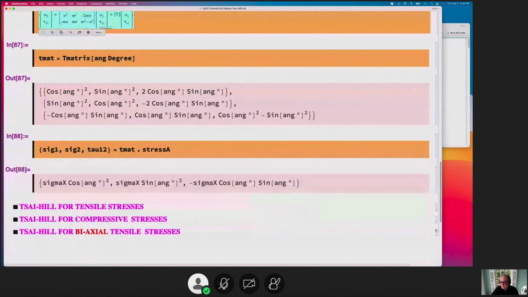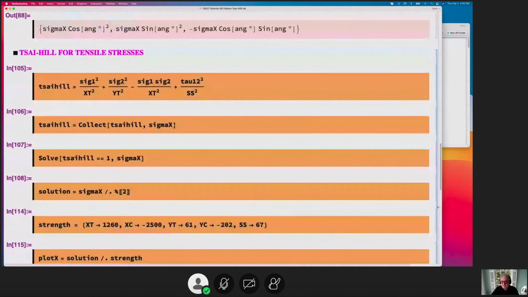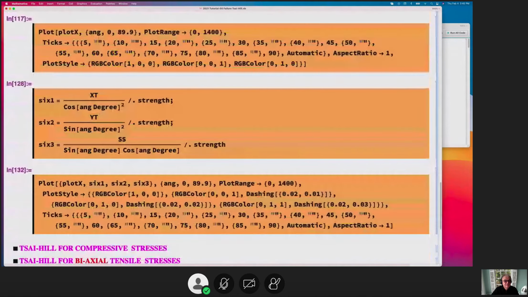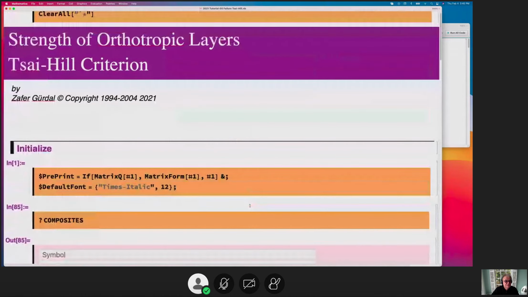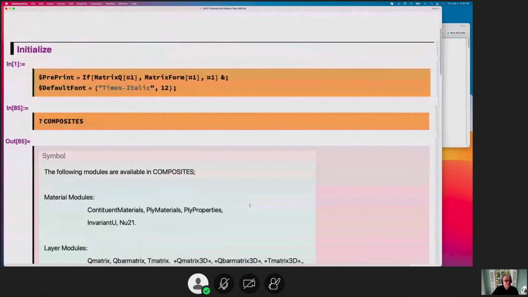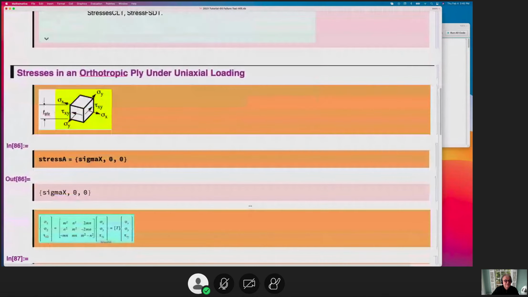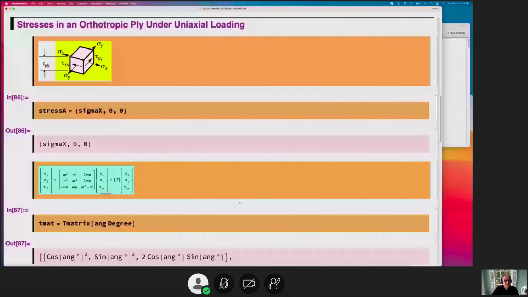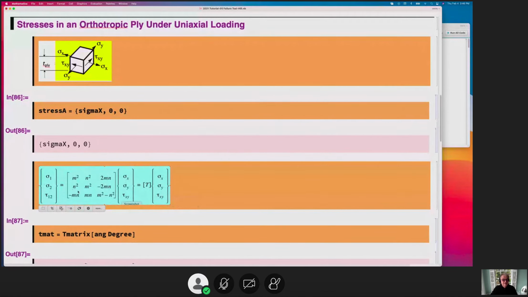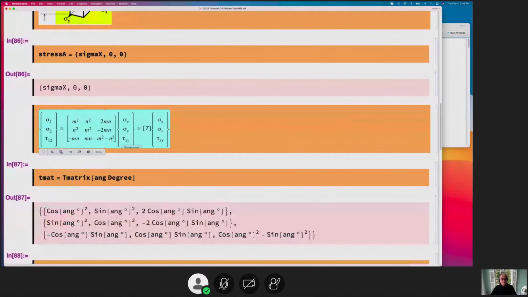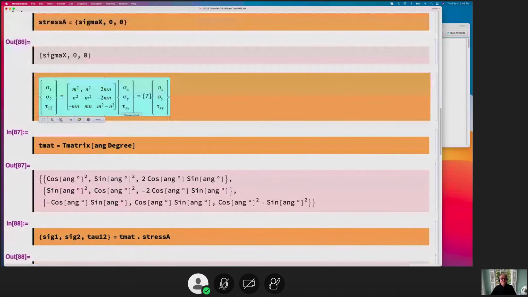All right, some text is going to be nice. Don't I have any text in this tutorial? That's funny. I don't have any text. Anyway, so this is the relationship with the T matrix being m squared, n squared, and mn.